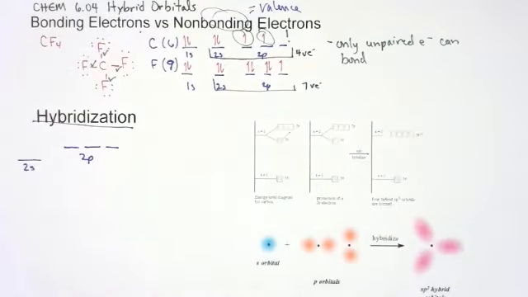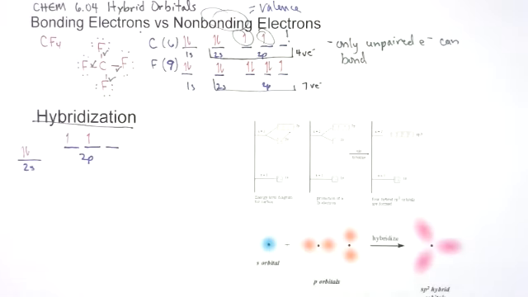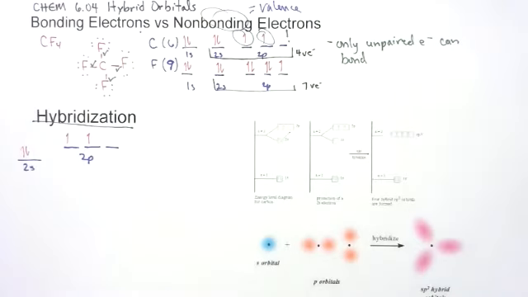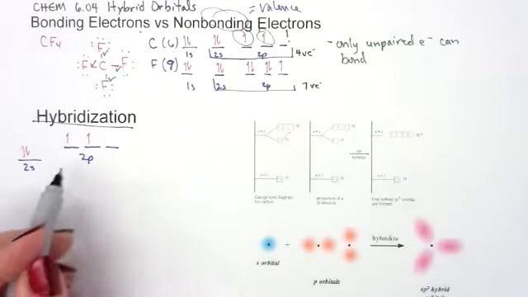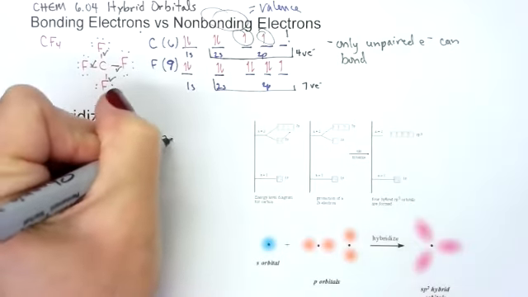And carbon has 2 electrons here and 1 and 1. To form 4 bonds, it would have to have 4 single electrons. Well, here's what happens. It turns out these 2 orbitals, the 2s and the 3 2p's, are very close in energy.